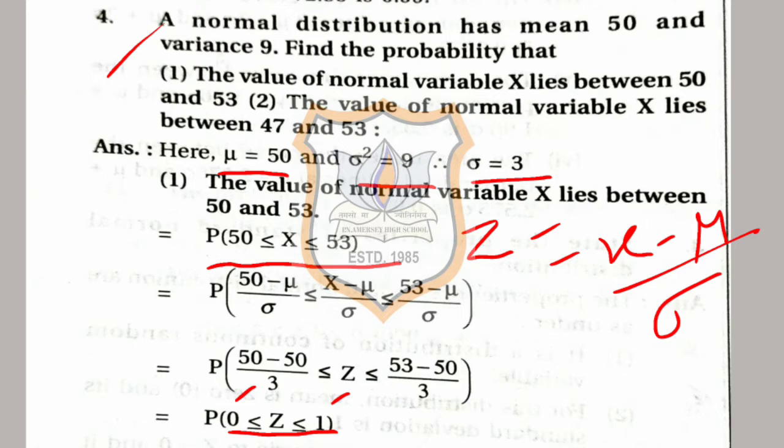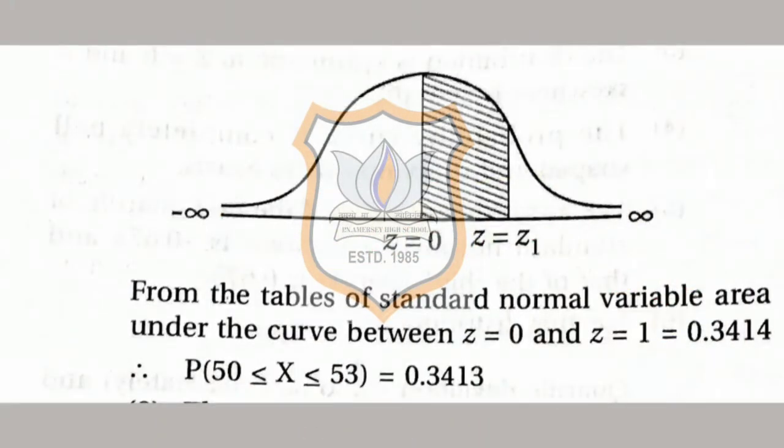Yesterday I told you how to see the value of z, that is, area related to the value of z. Now let's draw the graph. You know that mid value is z equal to 0 and the value of z we are having over here is 1. 1 means positive, so it will be towards right hand side, and this is the value of z equal to 1.